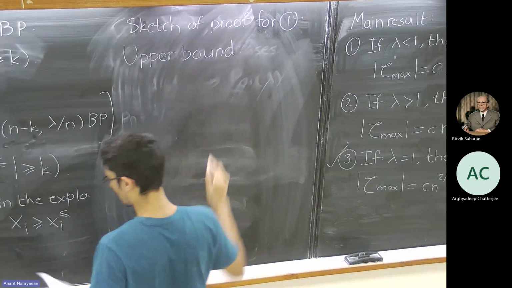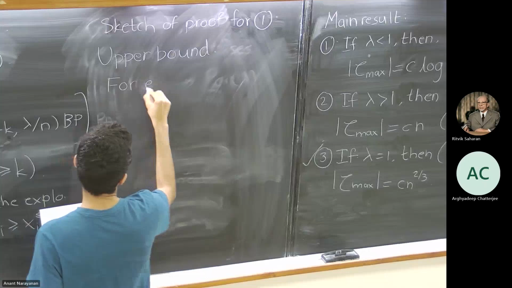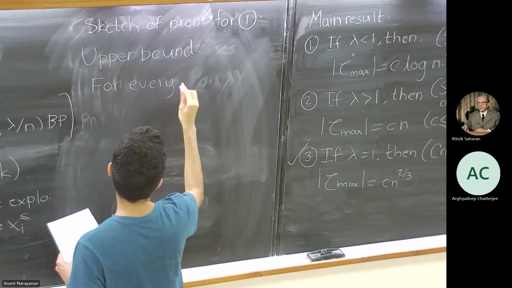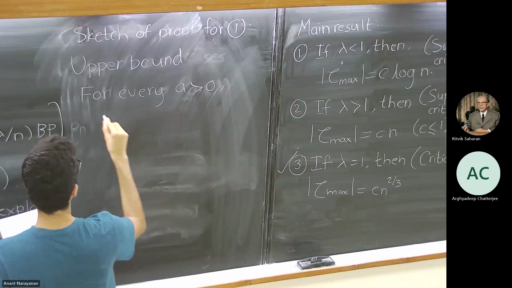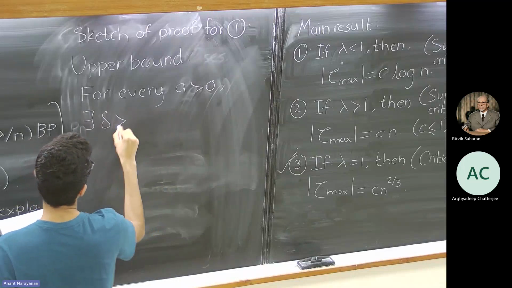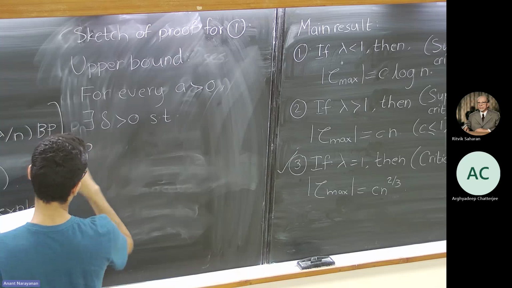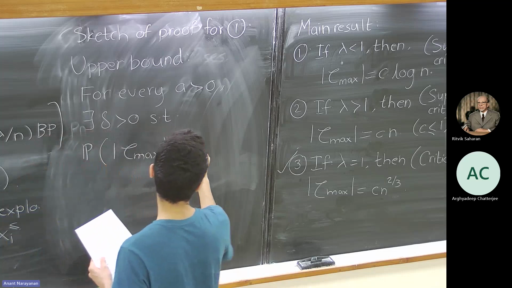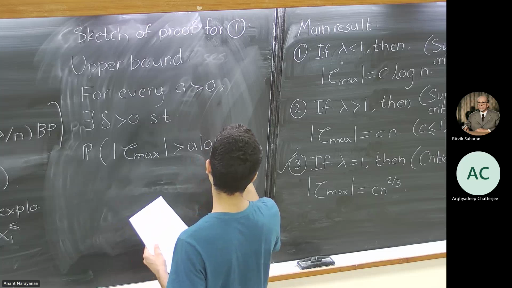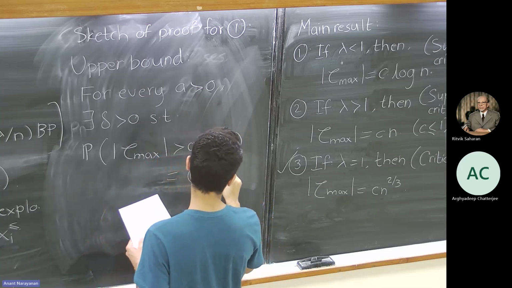What this upper bound is for every k greater than 0, where delta greater than 0 is fine. Not minimum, greater than 2 log n, of the order.